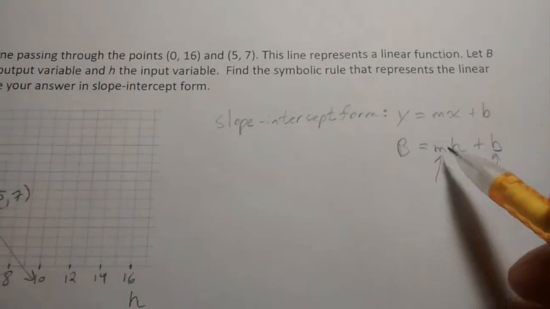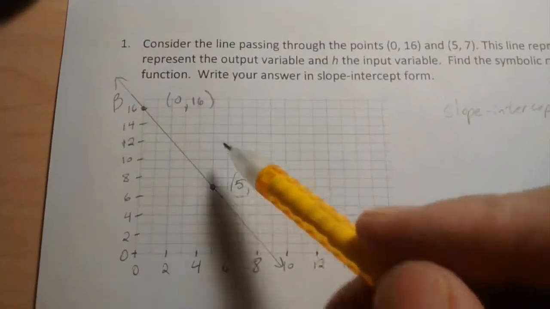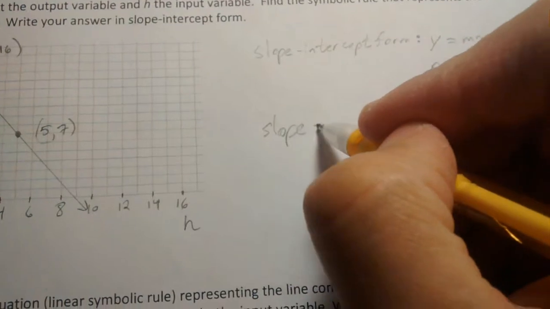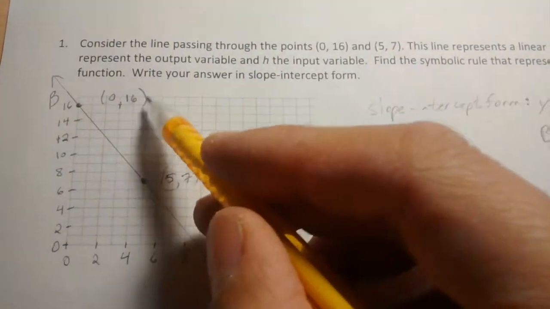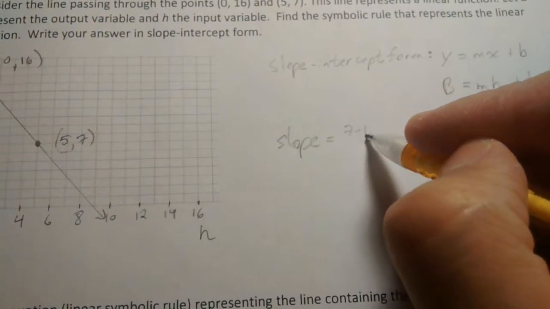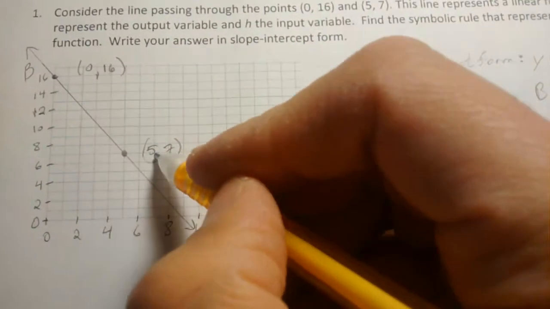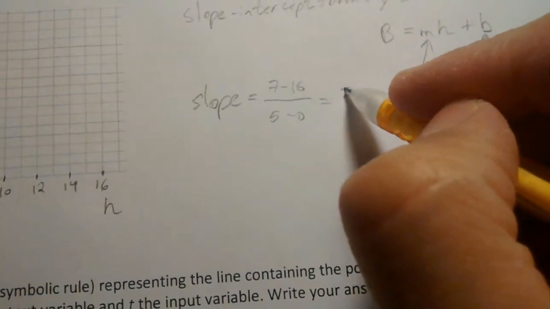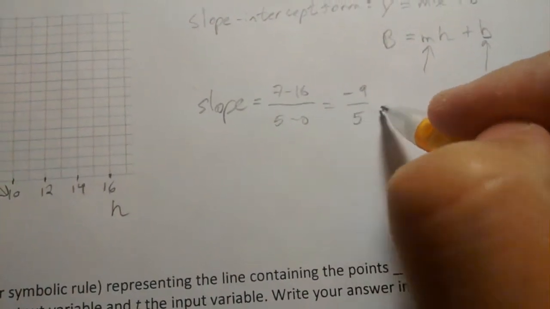Well, hopefully you should feel comfortable with finding the slope here between these two points, because the slope is simply the difference of the outputs, 7 minus 16, over the difference of the inputs, 5 minus 0. So that's going to give me negative 9 over 5.